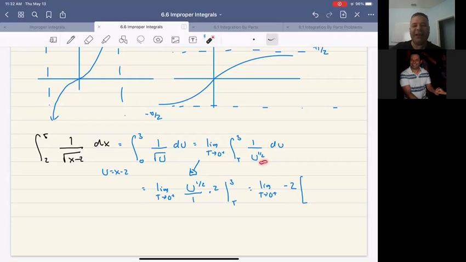Here it was negative 1/2. When I integrate it, I have to add 1, so it's 1/2. That becomes positive 2, since we're dividing by 1/2. So we get 2 times the square root of 3 minus the square root of t.